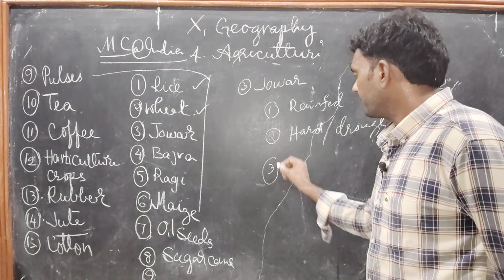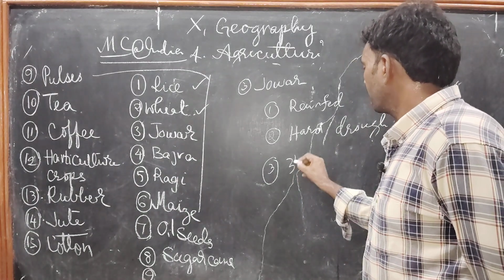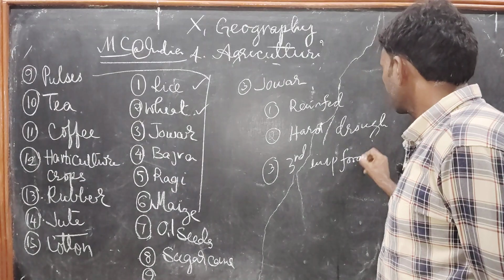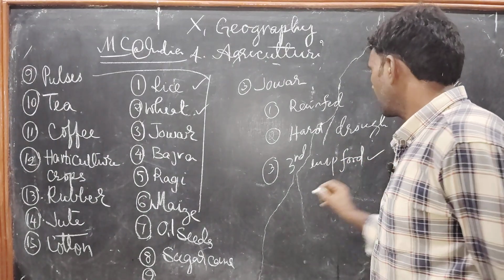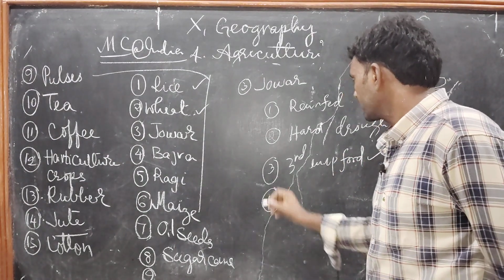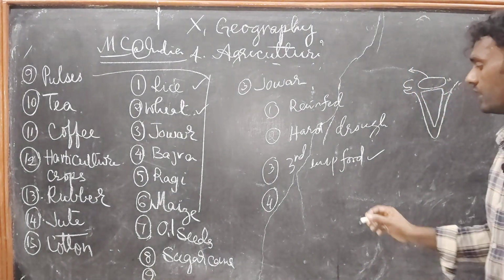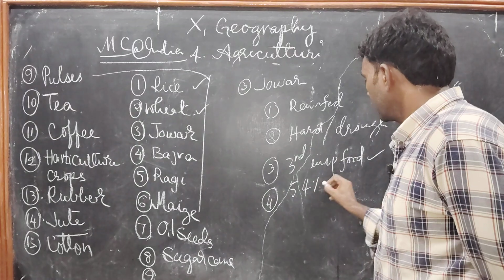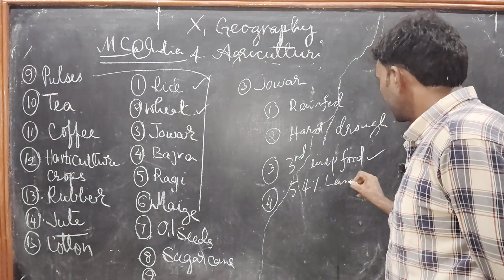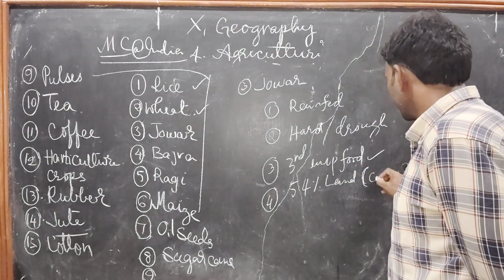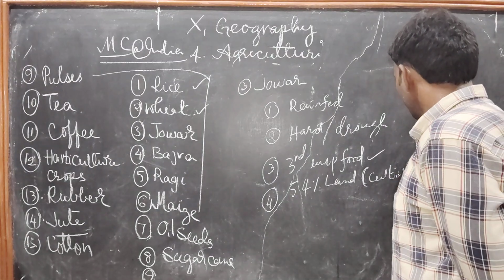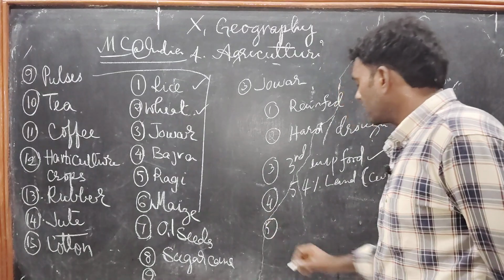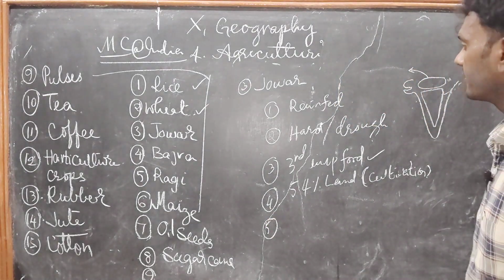And third one, see, it is the third important food crop in India. And fourth point, see, nearly it is containing 5.4% of land for cultivation. What are the most cultivated states in jowar?